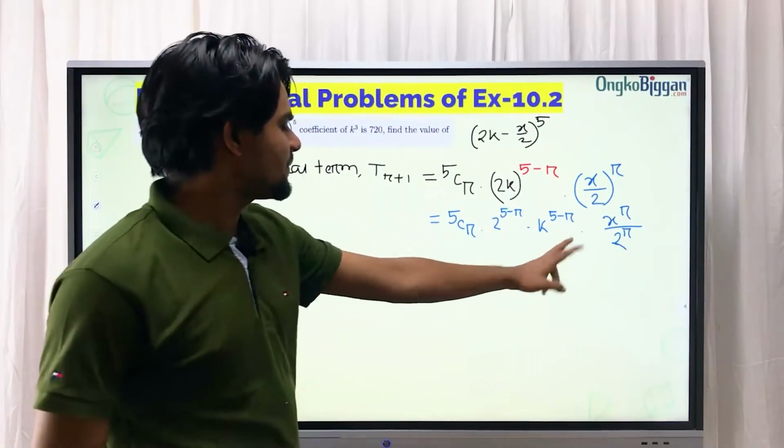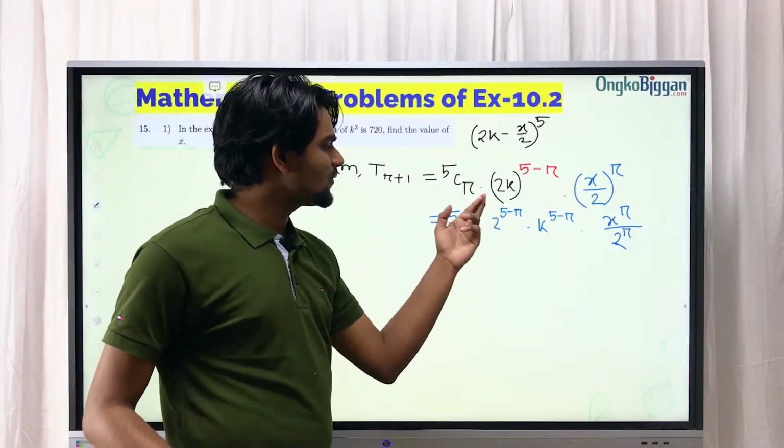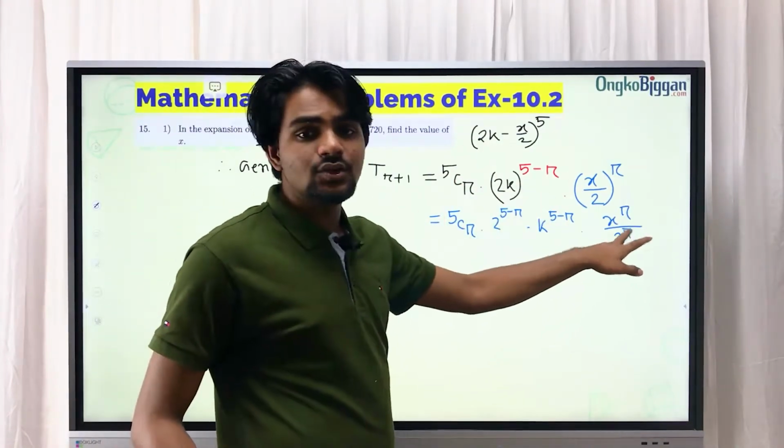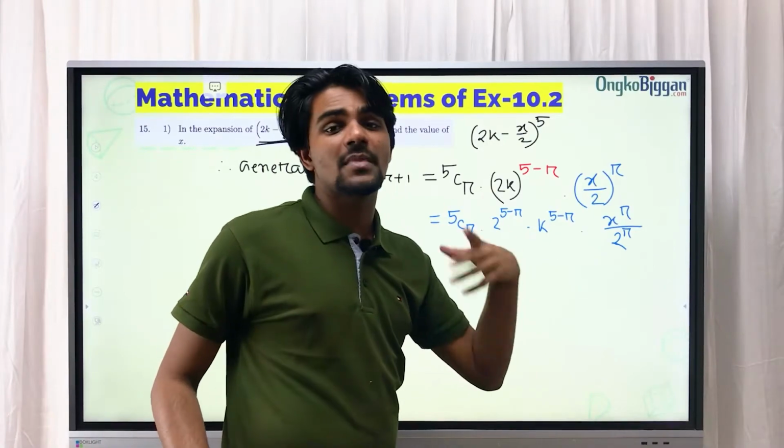So this is 2 to the power of 5 minus r, and the 1 by 2 to the power of r can be written as 2 to the power of minus r.